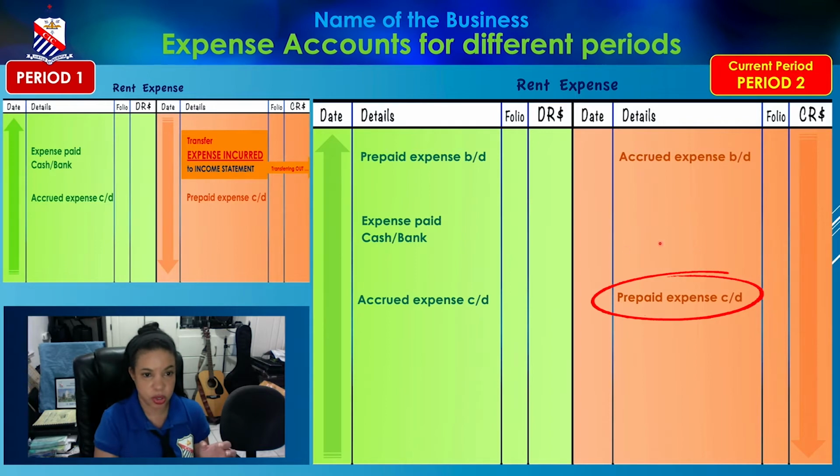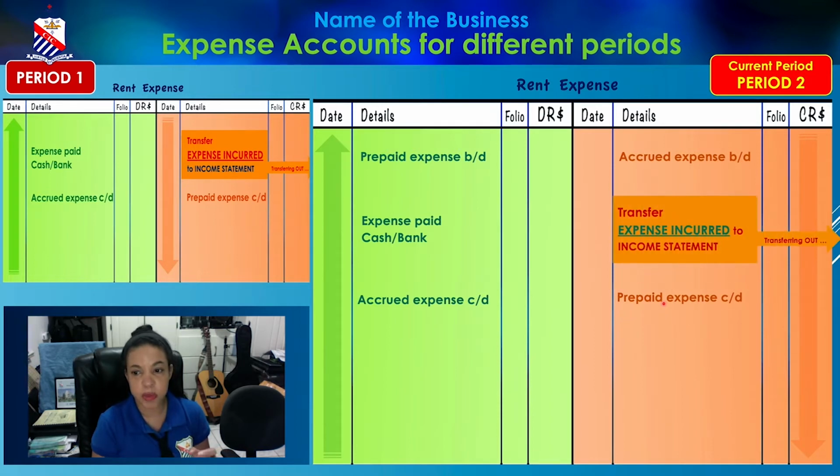Good, that is what we saw here. So we have this, and then there's one more figure which would be the expense incurred, which would be transferred out into the income statement for our period 2 to calculate our net profit for period 2.